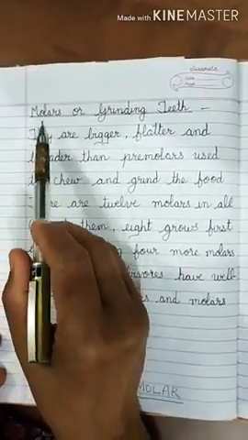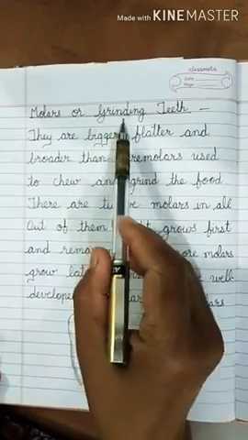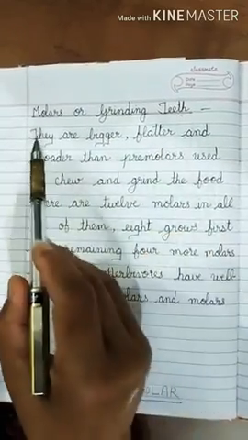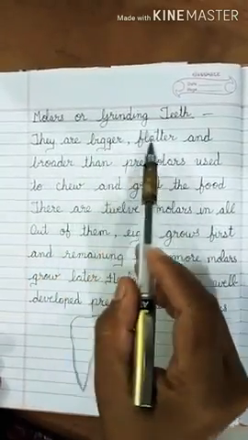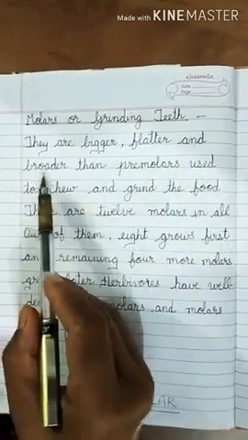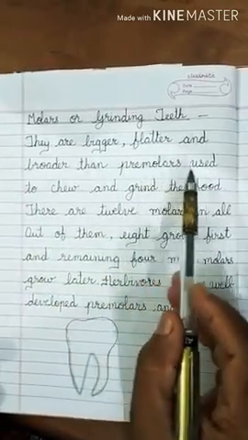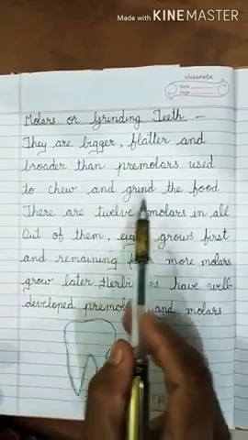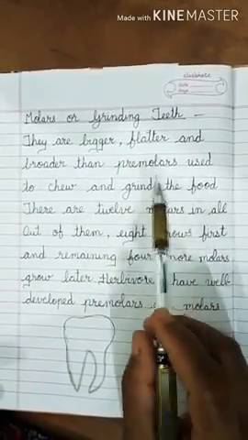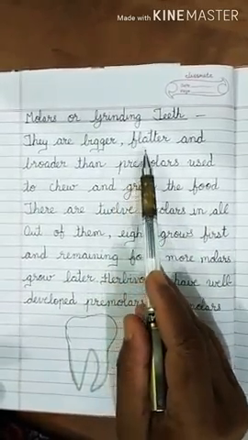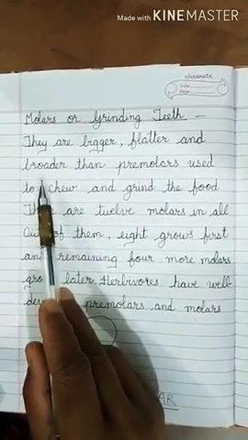And molars or grinding teeth. They are bigger, flatter and broader than premolars, used to chew and grind the food. So remember, they are bigger, they are flatter, and they are broad also.